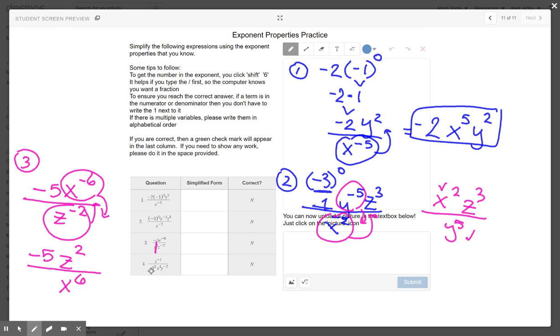All right, number 4. Negative 3 to the 0 power becomes negative 1. Z to the negative 1 is in the numerator, so we're going to move it down. Y to the negative 2 is a negative exponent, so we're going to move it up. So y to the negative 2 moves up, and it becomes positive.